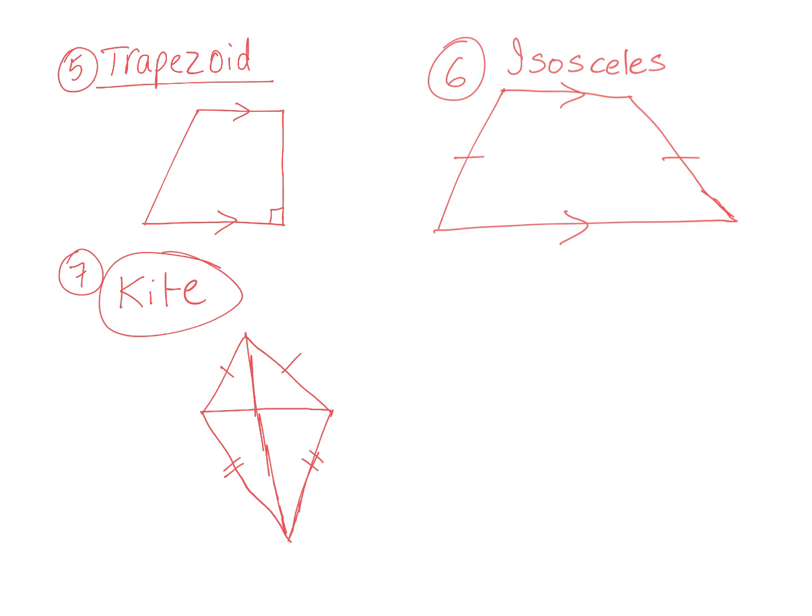And again, opposite angles over here are equal. But these two are not equal. So this could be A and B. So some of the quadrilaterals that we study are right here.